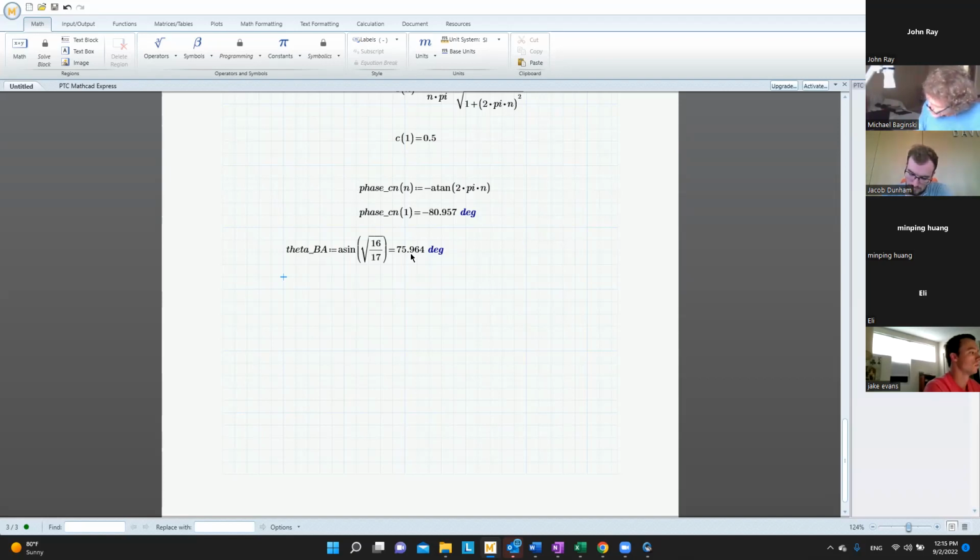And really, I have just the square root of epsilon relative, and in region 2, epsilon relative is 16, so that's 4. So if I take the sine of the incident angle divided by 4, that is the sine of the transmitted angle, or the transmitted angle is equal to arcsine of the sine of the incident angle over 4.